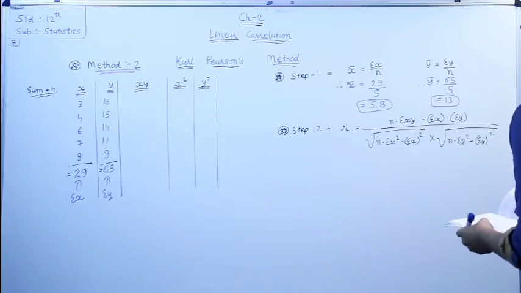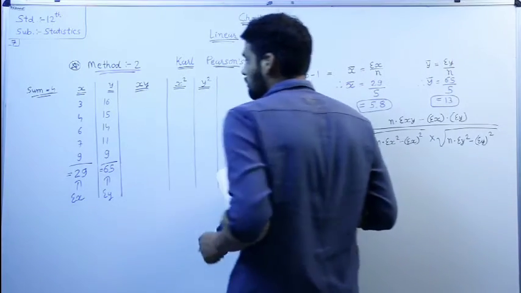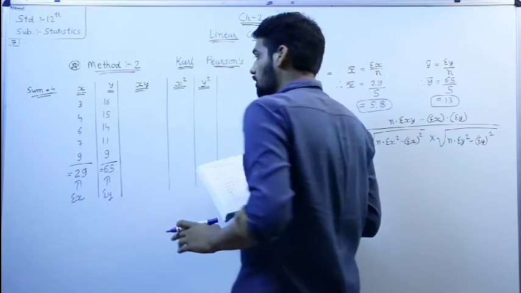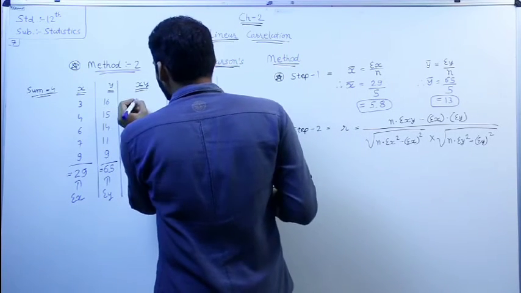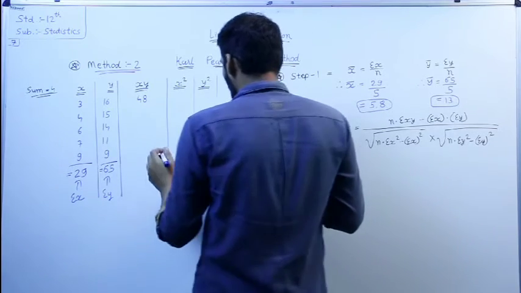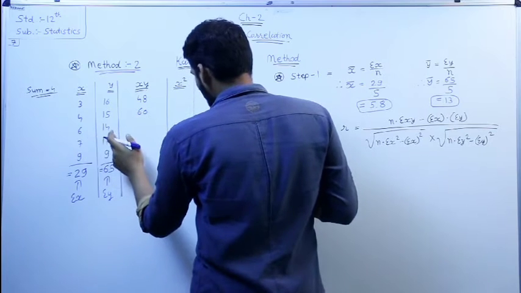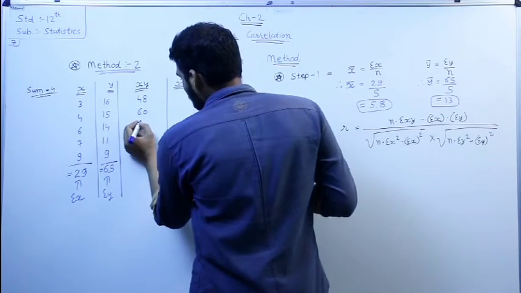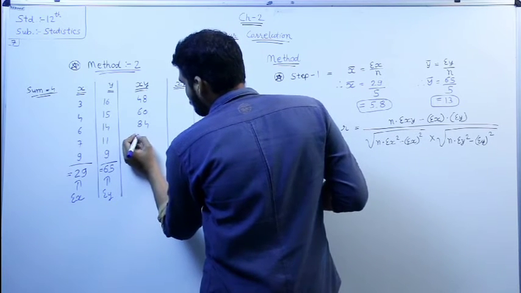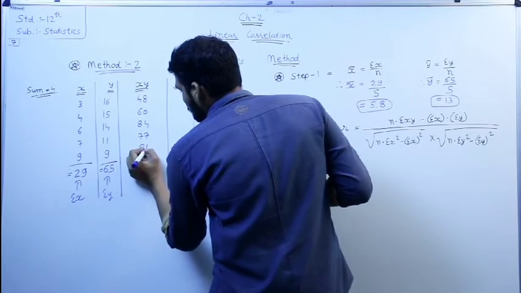Okay students, so now we find the xy column. So how to find the xy column? By multiplication of the x and y columns. So 3 multiplied by 16, so 48. 4 multiplied by 15, so 60. 6 multiplied by 14, so 84. 7 multiplied by 11, so 77. 9 multiplied by 9, so 81.